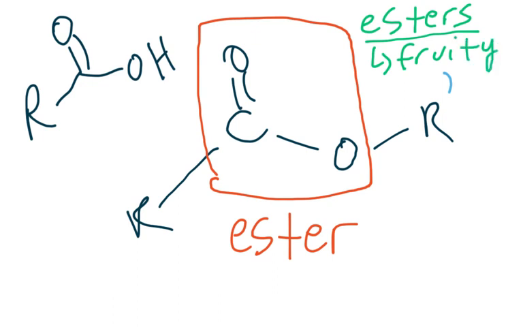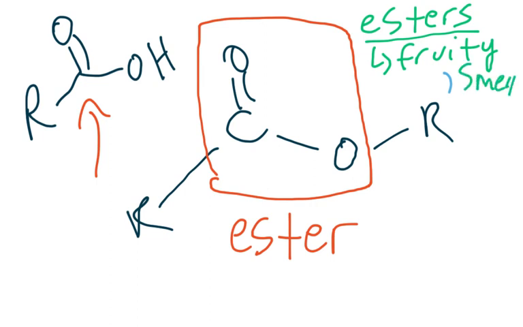So if you're ever in a lab and you convert a carboxylic acid into an ester, we'll go into reactions later, and you start smelling a fruity smell, you can know, okay, I'm getting some esters in the product. So esters have a fruity smell.